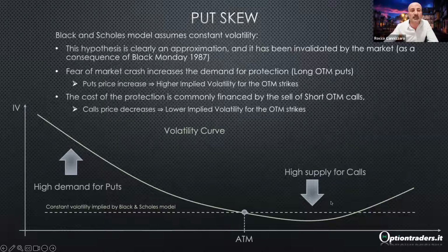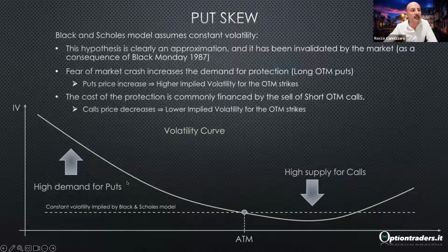This creates a higher supply of calls in the market. If everyone is selling calls, then the price of a call goes down, which means, by the same argument, the implied volatility of those calls goes down. This chart shows, with the dotted line, the assumption of the Black-Scholes model, where implied volatility is supposed to be constant across all strikes.